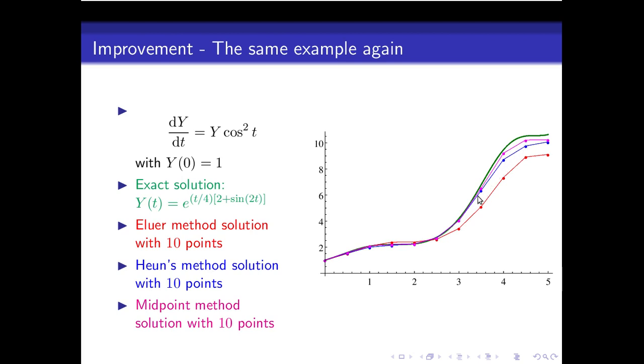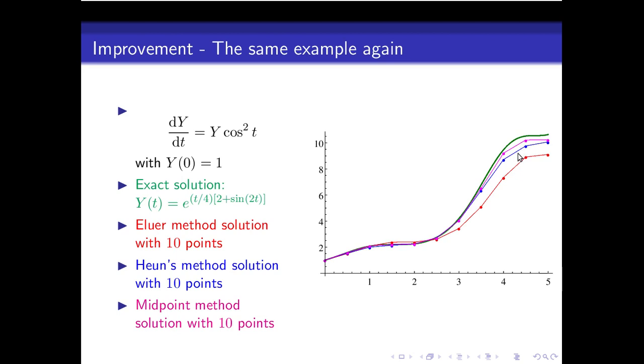So Heun's method and midpoint method go hand in hand over almost the entire region of the curve, but clearly they are different, they are not the same. This may seem to you that midpoint method is better, but I can assure you that this is happening for this curve.